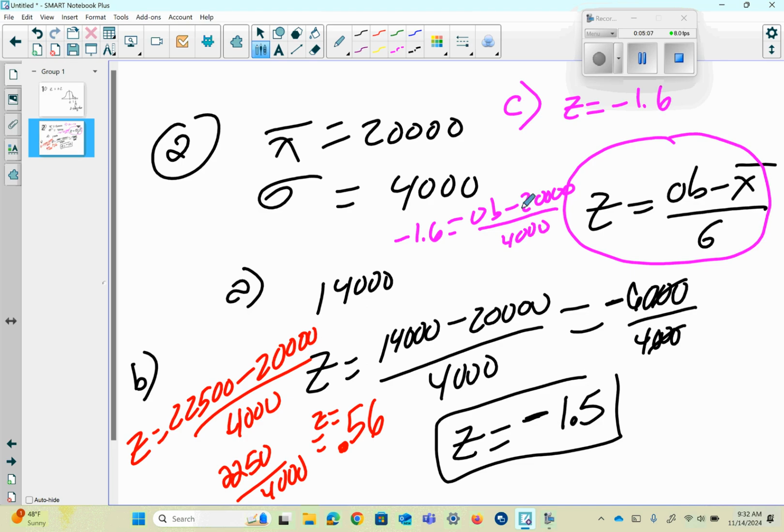Multiply both sides by 4,000, so negative 1.6 times 4,000 is negative 6,400 equals observed minus 20,000. I'm going to add 20,000 to that. So this person would have 13,600 words in their vocabulary. You just have to work it backwards. I know some of you were trying to forget the Algebra 1 adventure, but it came back to bite us.